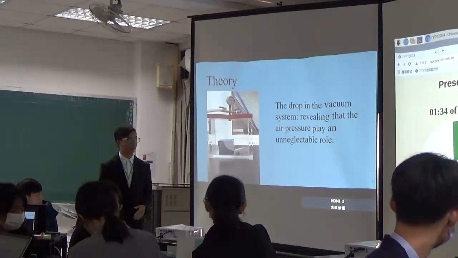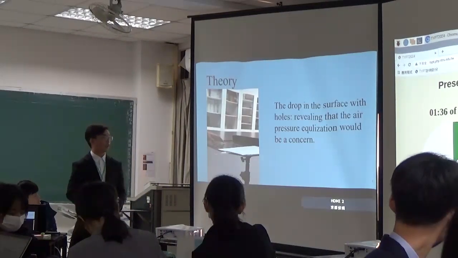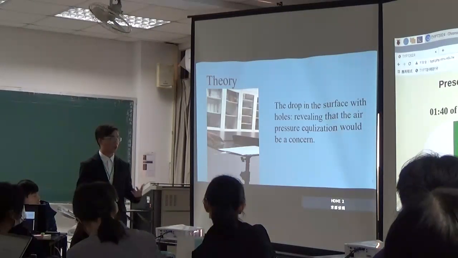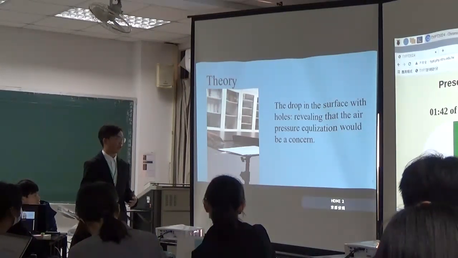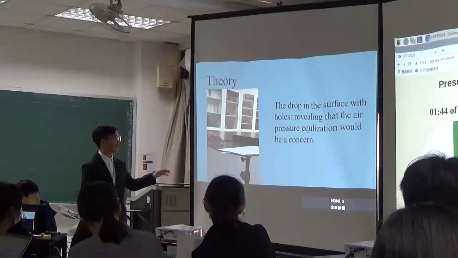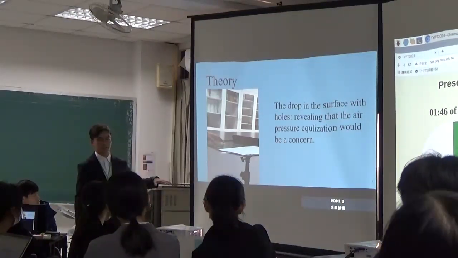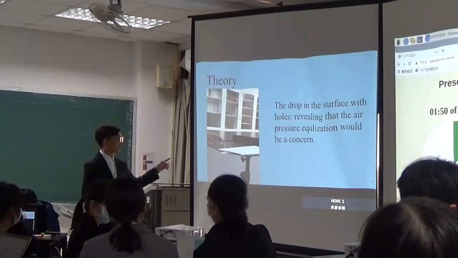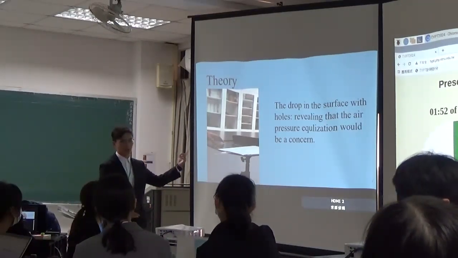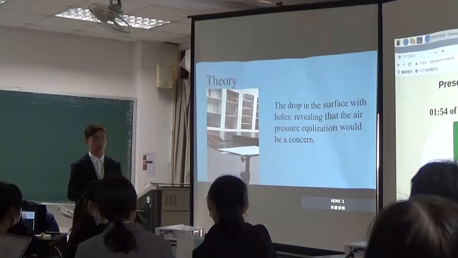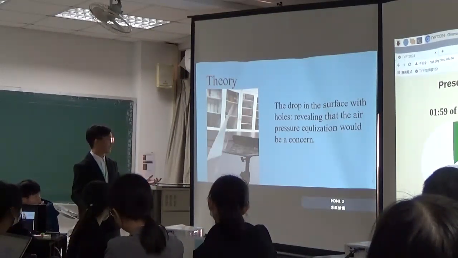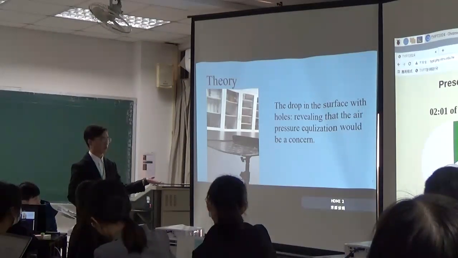And to further prove that air pressure difference does take the main role in the whole system, we do our experiment on a surface which is full of holes, which means that the air will come in from those holes, which will create no air pressure difference. So as you can see, the ruler will fold.